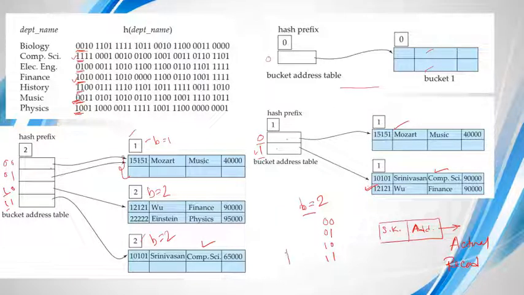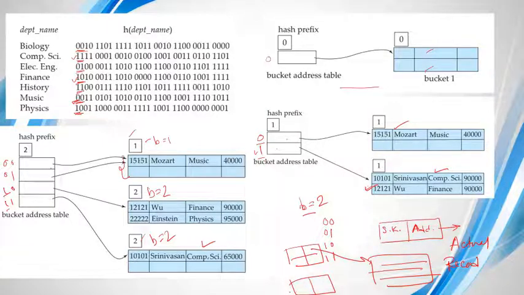All this will indicate the actual physical address, whatever scheme we are using. This is my bucket address table. These are indicating this one, and this will indicate these records.